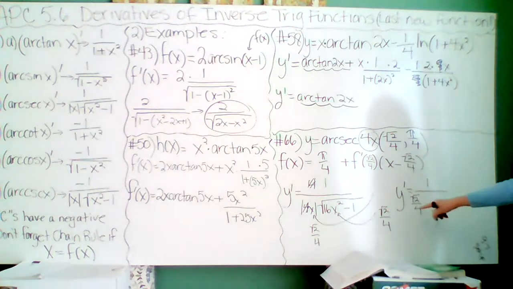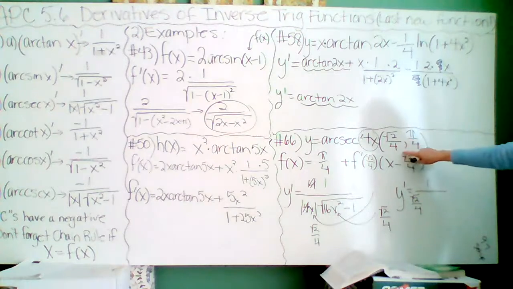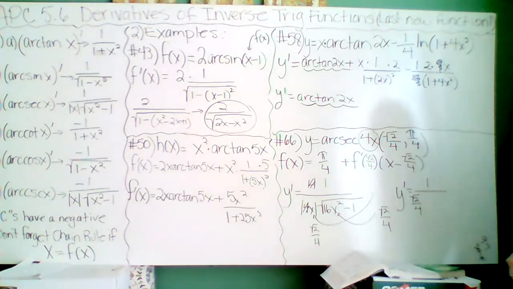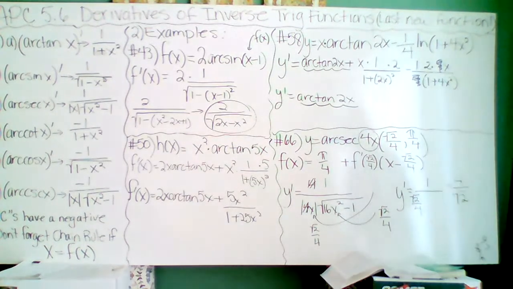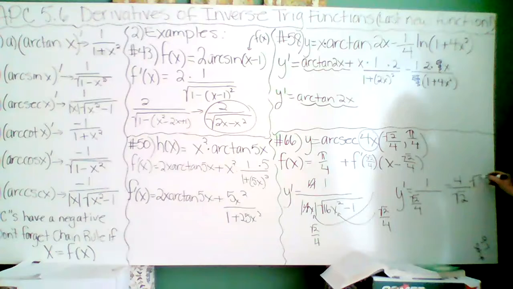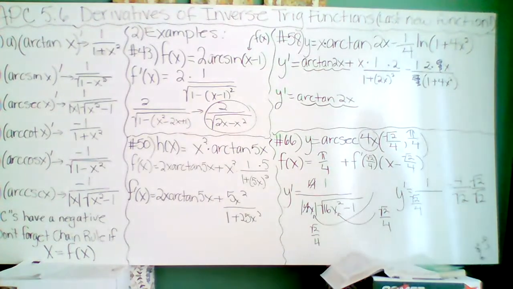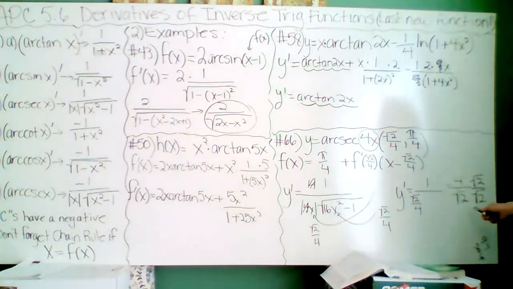So the derivative at the square root of 2 over 4 is the reciprocal of 1 over the square root of 2 over 4. So I'll flip it. This is perfectly correct, but they probably rationalized it by multiplying the top and the bottom by the square root of 2. Notice in the denominator, the square root of 2 times the square root of 2 is 2. 4 divided by 2 is 2.